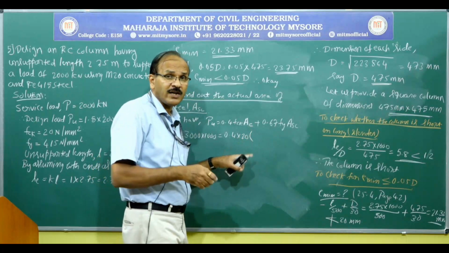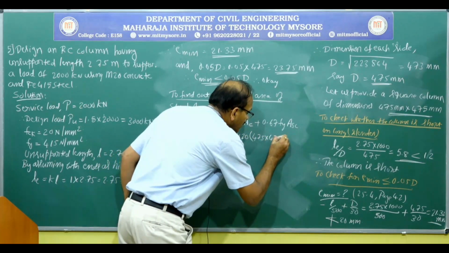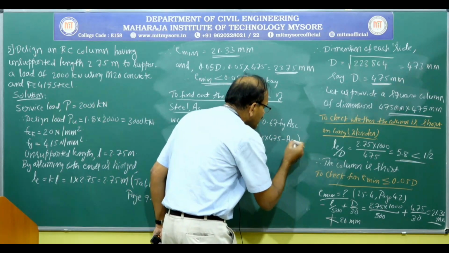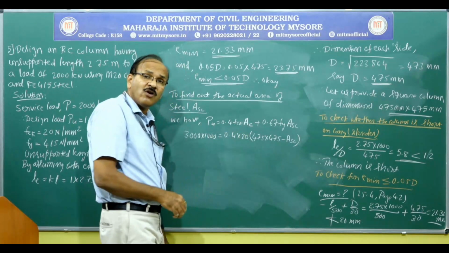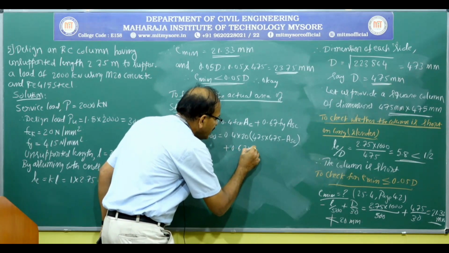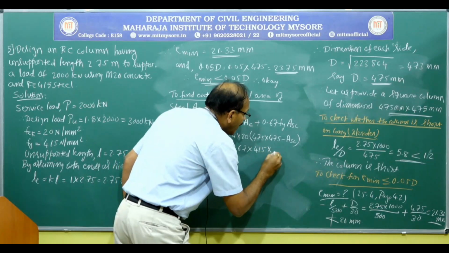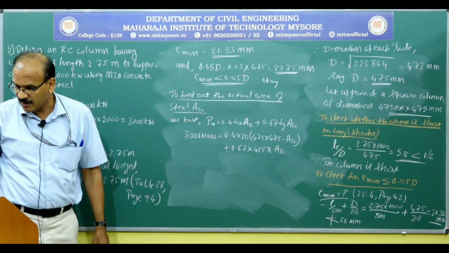That is the gross sectional area, that is 475 by 475 minus area of the compression steel will give you the area of concrete in the column plus 0.67 into Fy is 415 and ASC is the area of compression steel.